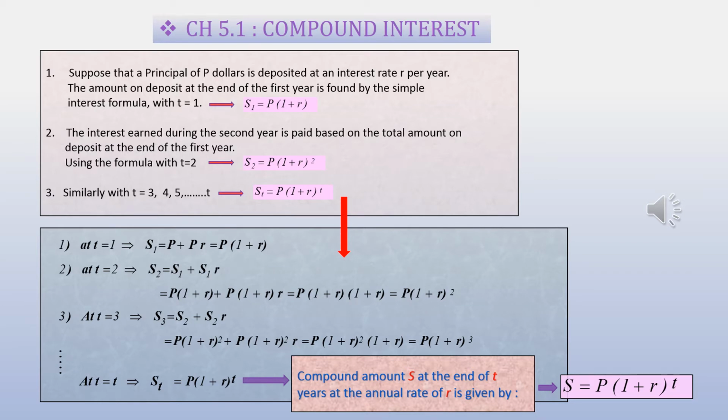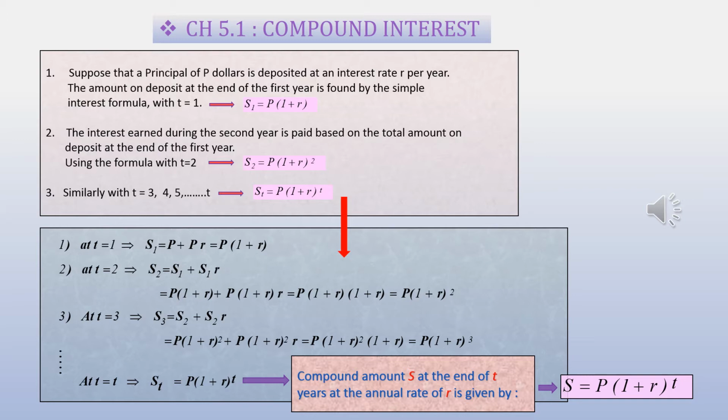And we substitute S1 with P multiplied by (1 plus R), we will have P multiplied by (1 plus R) plus P multiplied by (1 plus R) multiplied by R. So we will have the end result of S2 as P multiplied by (1 plus R) to the degree of 2. So in the second year, S2, which is the amount of money in the second year, is equal to P multiplied by (1 plus R) to the degree of 2.